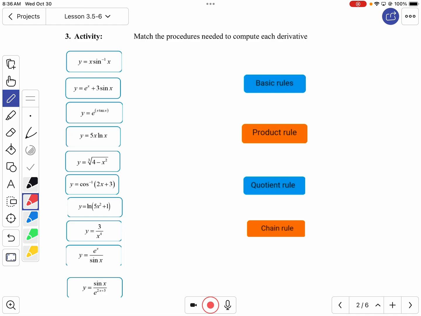Would we do a product rule? Would we do a quotient rule? Would we need a chain rule? And some of them might need more than one thing. So take a second, see what you think. Or you can just write out next to them. It doesn't matter. If you don't want to draw the lines, it can get confusing. So just recognizing our procedures that we might want to use.